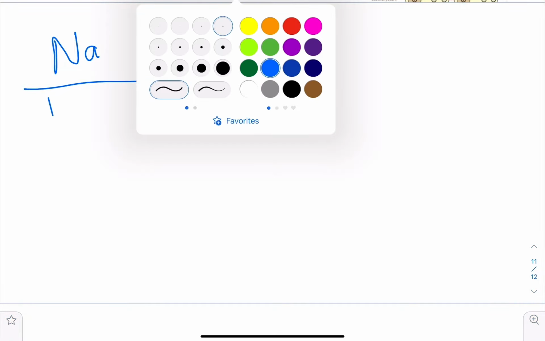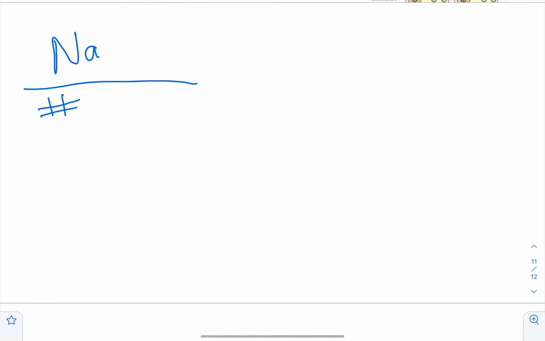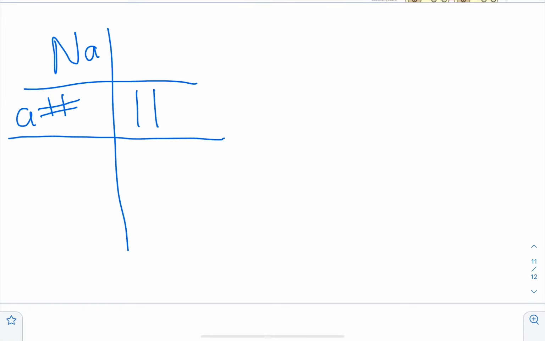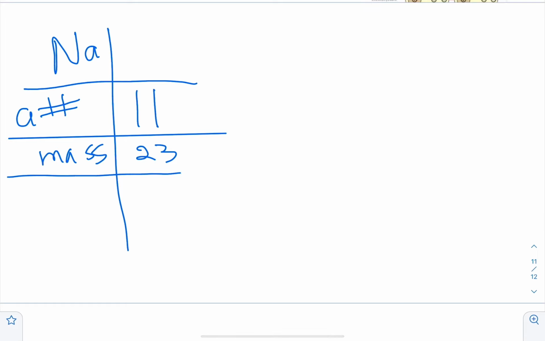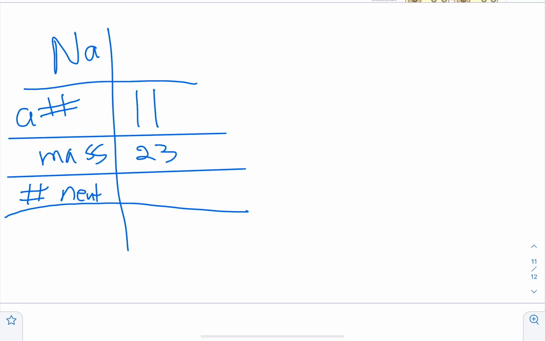So sodium with the atomic number 11, and then the mass is 23, and we're asked to find the number of neutrons, number of protons, and number of electrons.